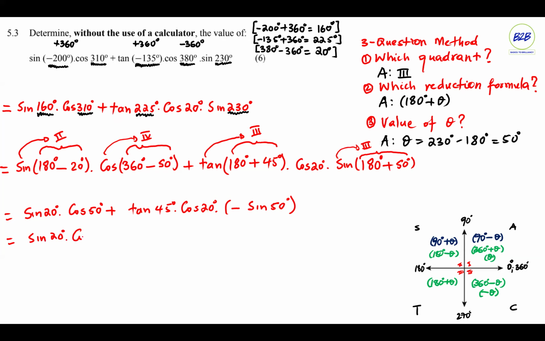We can keep cos 50 degrees, because there is sine 50 that side. Then this negative is going to multiply that positive and make it negative. Tan 45 is 1. You can press that on your calculator and check it, or you can use the special angles.